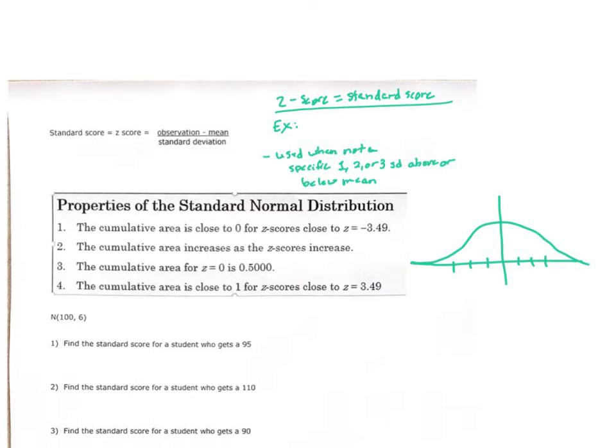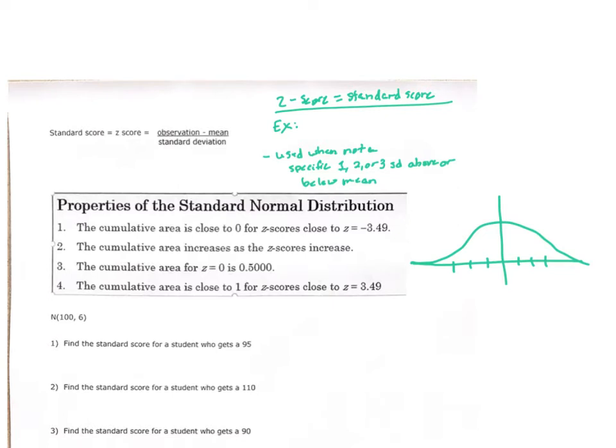So the best example that I can give you to understand the idea of a standard score, and why we want or need to use a standard score or a z-score, is the fact that many of you are right in the middle of taking SATs and ACTs.